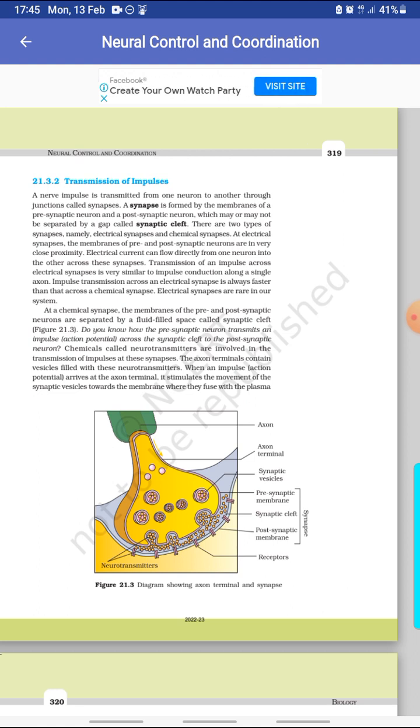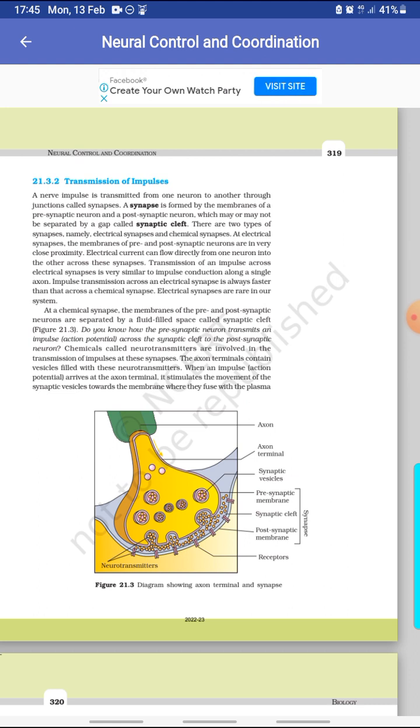At electrical synapses, the membranes of pre- and postsynaptic neurons are in very close proximity. Electrical current can flow directly from one neuron into the other across the synapses. Transmission of an impulse across electrical synapses is very similar to impulse conduction along a single axon. Impulse transmission across an electrical synapse is always faster than that across a chemical synapse. Electrical synapses are rare in our system.